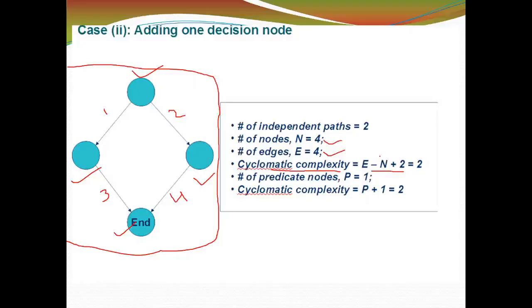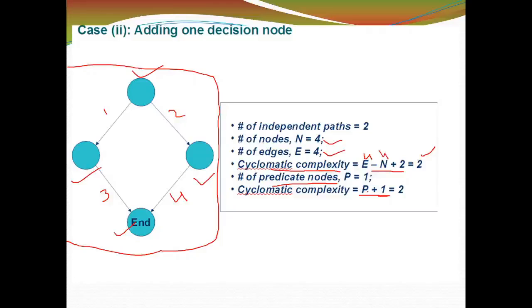Edges we have 4 and nodes we have 4, so we get the value 2. And there is another formula to calculate this cyclomatic complexity, that is number of predicate nodes plus 1. This is another formula.